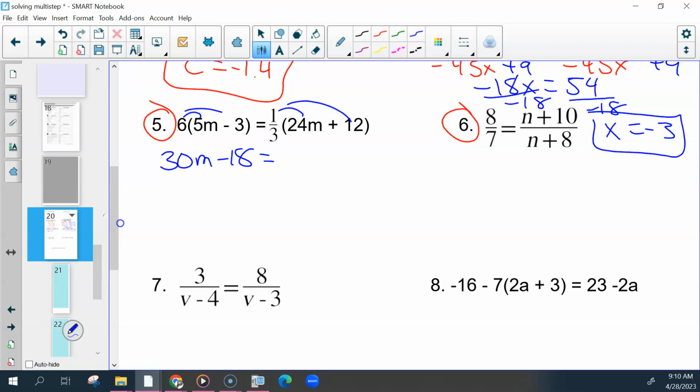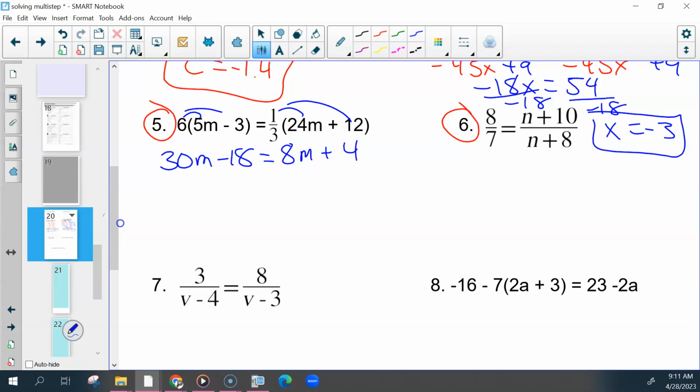Tell me what you would get on this side. 8m plus 4.